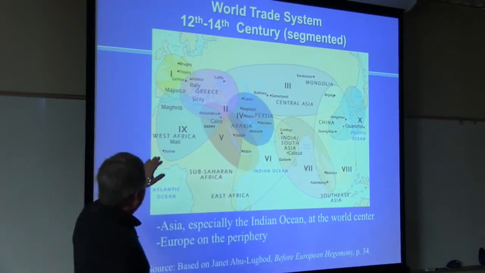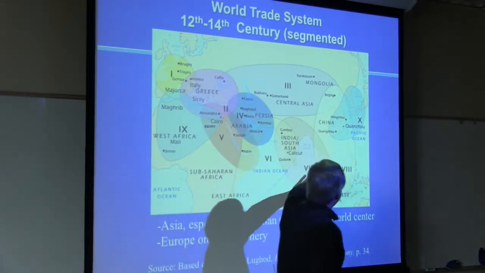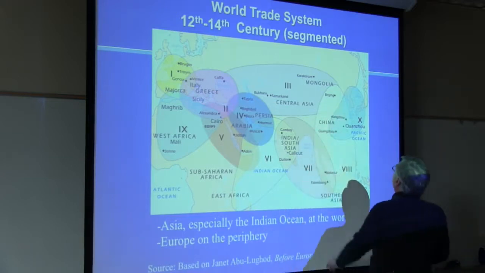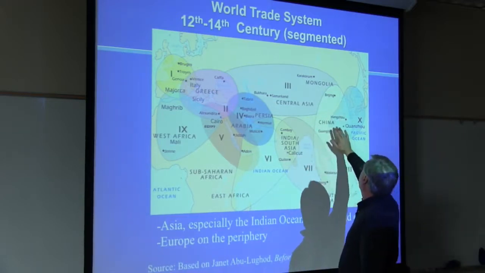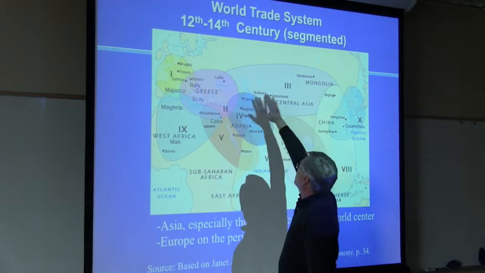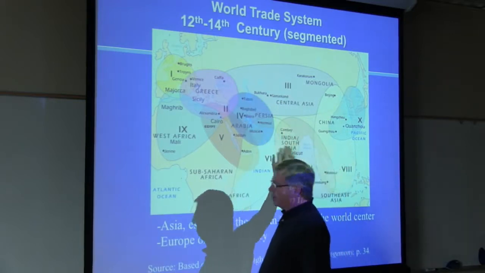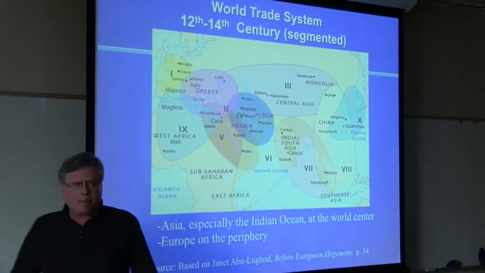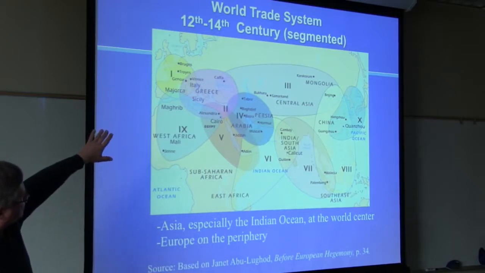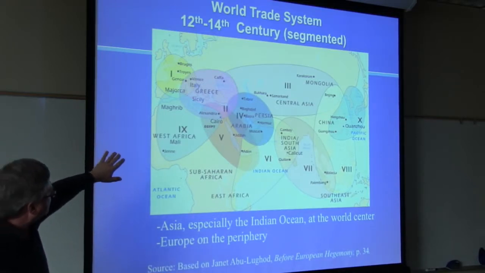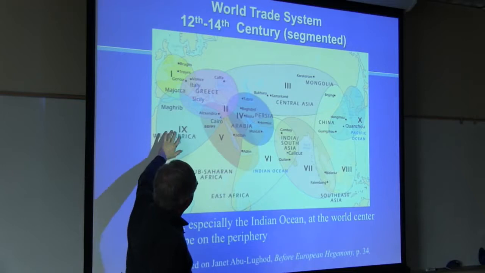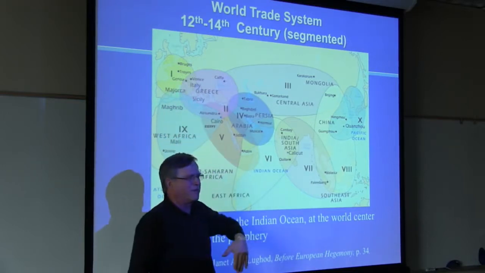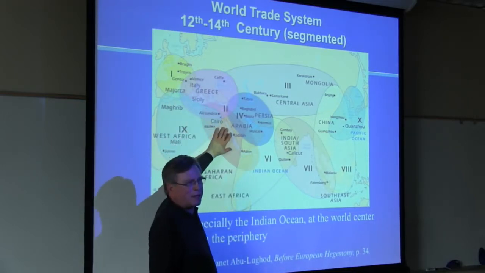And these all have their own kinds of dynamics. China, the Pacific Ocean, Central Asia, we'll talk about that, the Indian Ocean world. But what's important about these trading circuits is that, like Venn diagrams, they all overlap in various places.